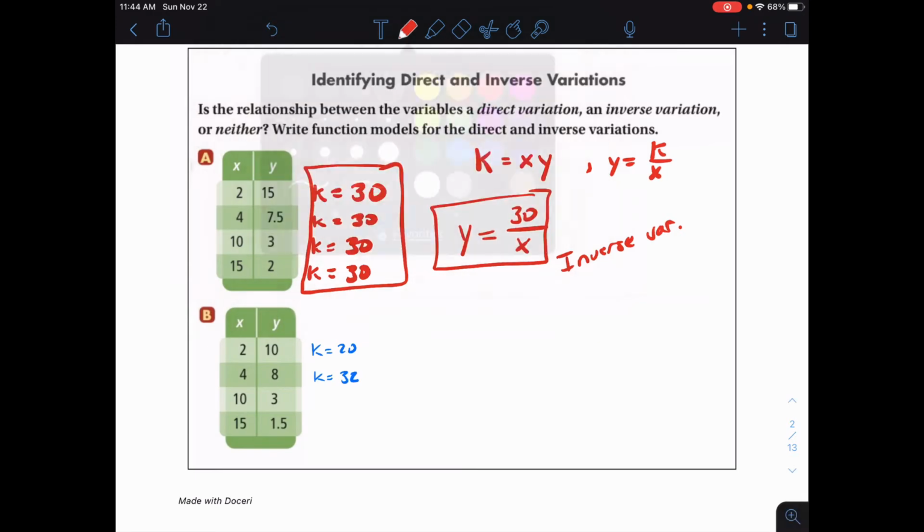So let's test for that one. It's not inverse, so we'll say no inverse. For direct, we're going to look at y over x. In this case, y over x would be 5, and this would be 2. So it's not direct either, so this is neither. It fails both.